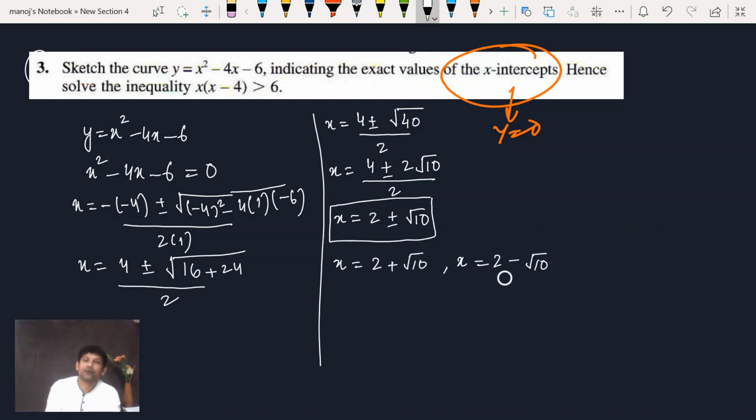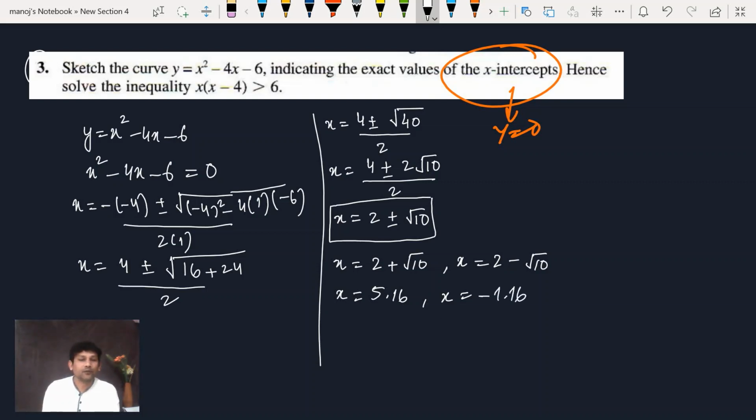When you give the answer in decimal, root 10 plus 2 is 5.16. This is 5.16 I'm writing, and 2 minus root 10, your answer is minus 1.16.